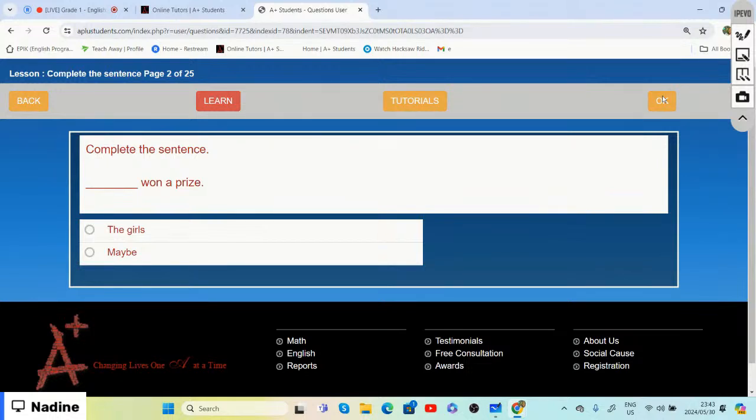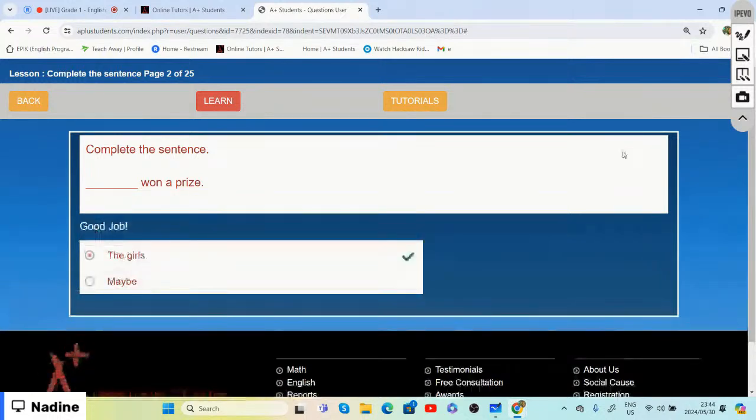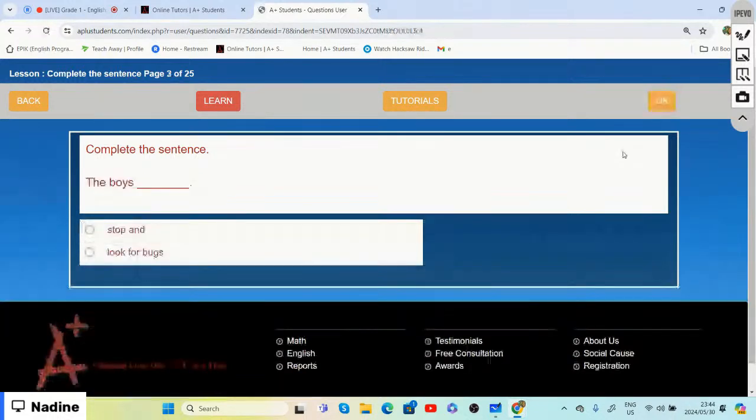All right, so if we were to select the naming part, then we would say it is the girls, right? Is the naming part. Won the prize is the action part. Okay, well done.